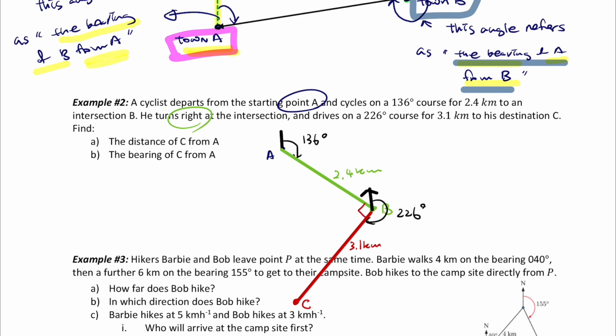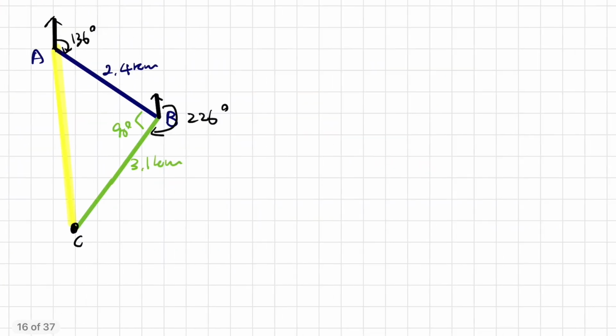So let's do this question on a new page. We are trying to identify the distance of C from A, so we are trying to find this line here.